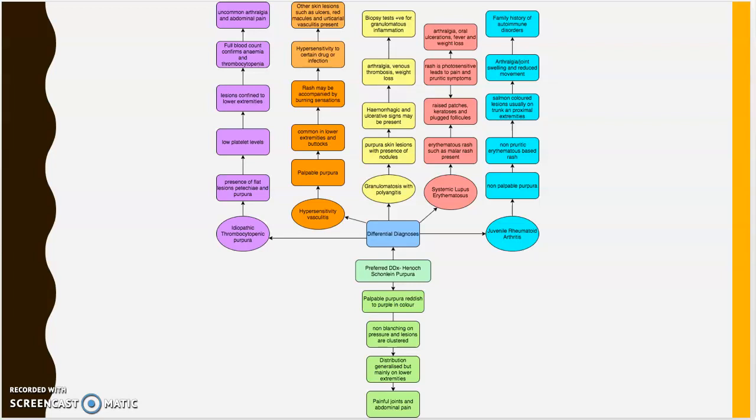Another differentiating sign for systemic lupus erythematosus is the facial rash. Its most distinctive feature is the erythematous rash on the face. And for juvenile rheumatoid arthritis, you have to have a family history, and be less than 6 years old. It most commonly affects females.